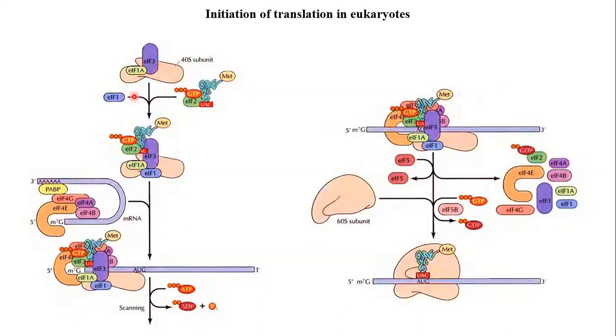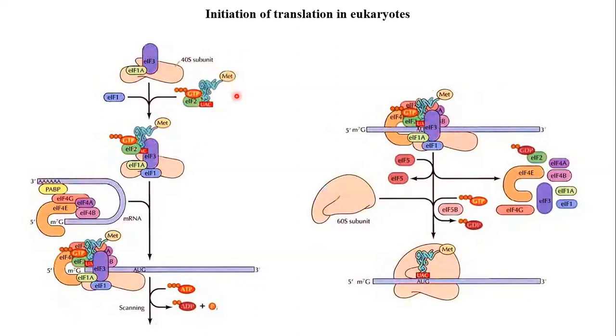Okay. So this is the 40S subunit. Now we are talking about eukaryotes. So the small subunit is the 40S subunit. This initiation factor 1A and 3 first binds to this 40S subunit. Then initiation factor 1 binds and this is the first transfer RNA which brings methionine.